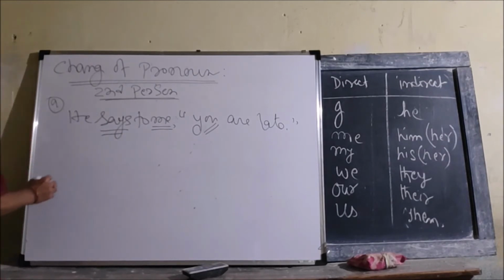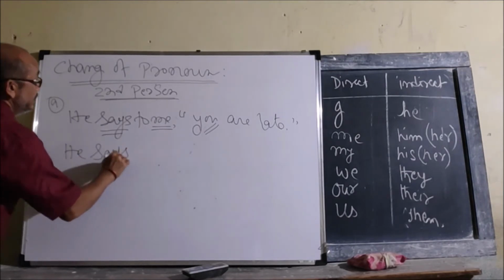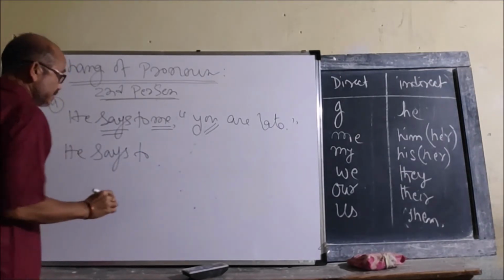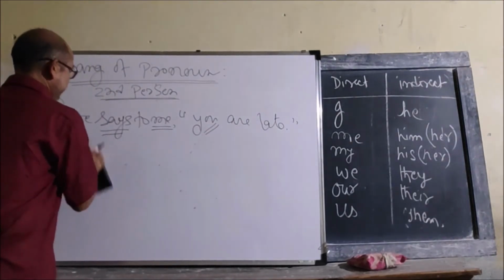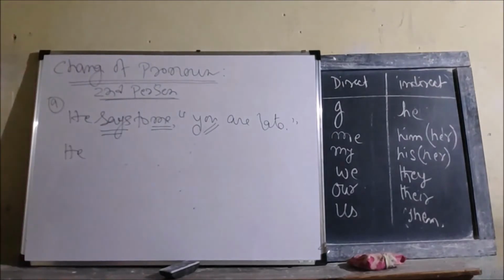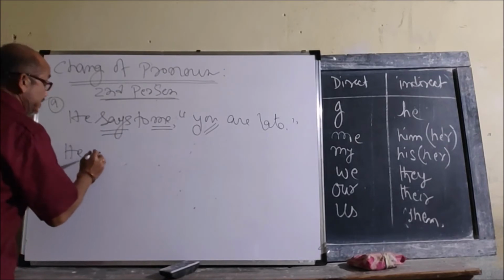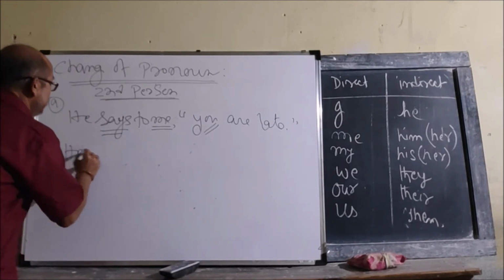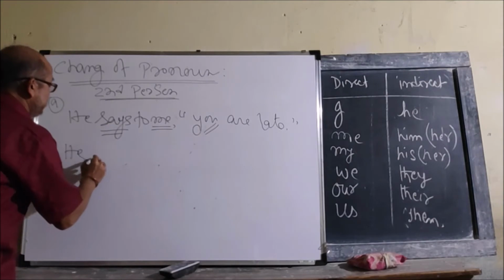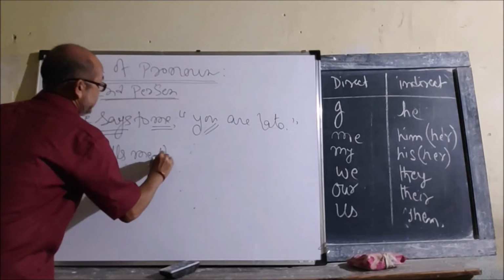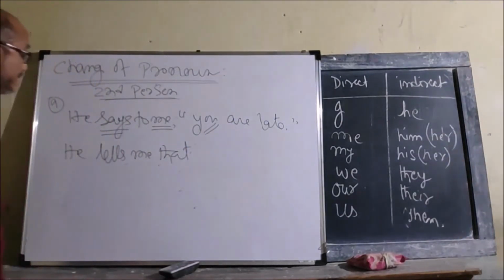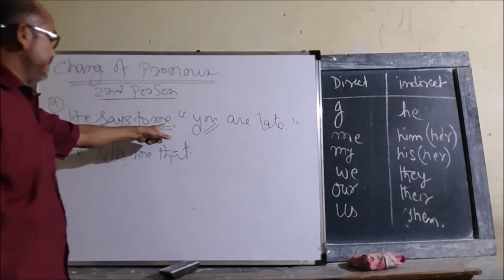So this can be written as: he tells me. If there is an object mentioned, then there is no "says to", it is "tells" or "told". It is the present indefinite, so he tells me that you refers to me.